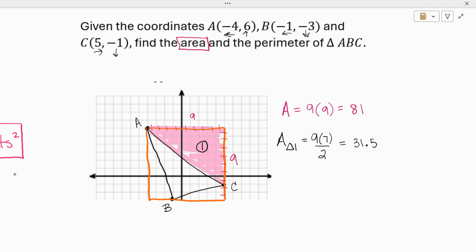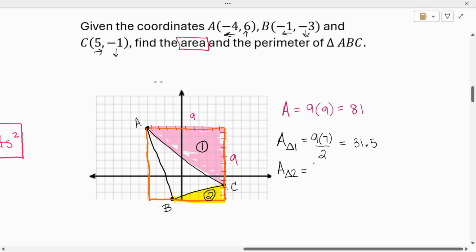Which one do you want to subtract out next? The one on the bottom or the one on the left? The bottom? Ken said the bottom. So here we go. All right. So the area of triangle number 2. Let's see.